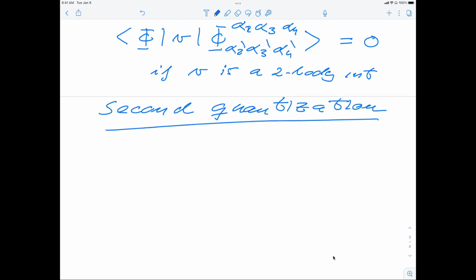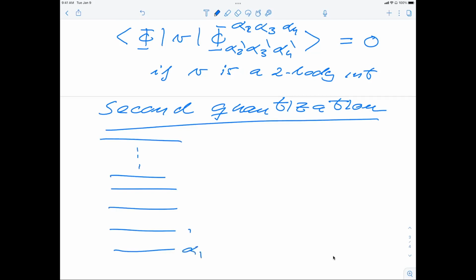Or what I normally like to call number representation. This is also called Fock space. That means that you define a new Hilbert space where you've taken out the spatial degrees of freedom. Now, if you look at the single particle states which we had, we have an alpha 1, alpha 2, alpha 3, and then these go up to some cutoff which we define.